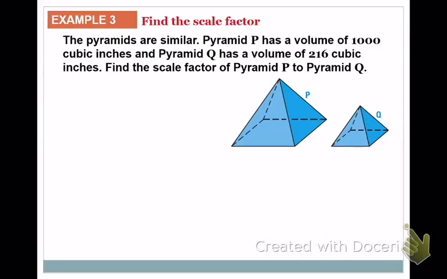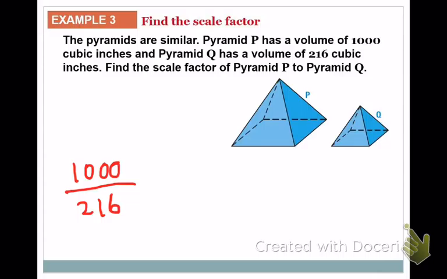We've got P and Q. So we have 1,000 over 216, right? We have to find the scale factor of P to Q. So what do you think I need to do to these numbers? These are the ratios of the volumes. We need the ratios of the scale factor, which is the ratio of the sides.